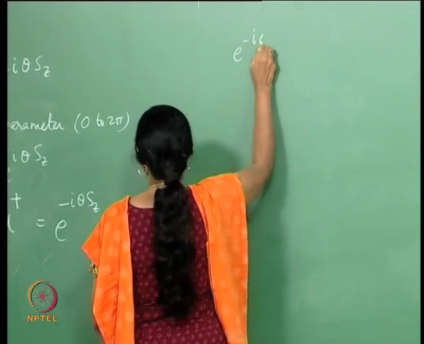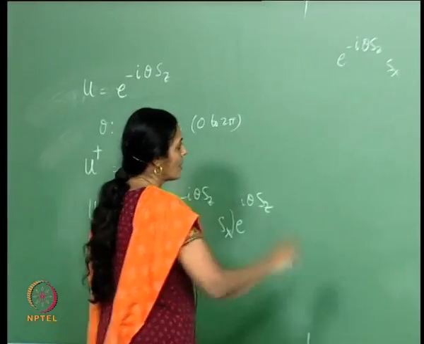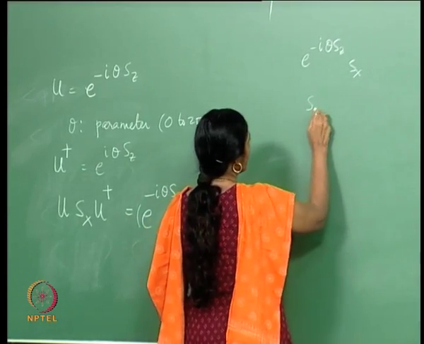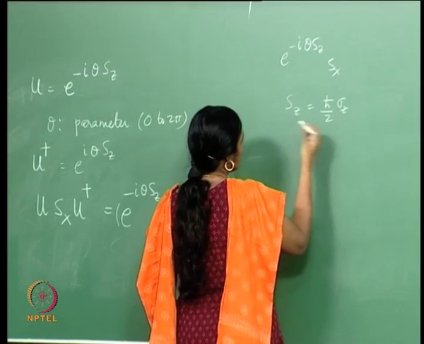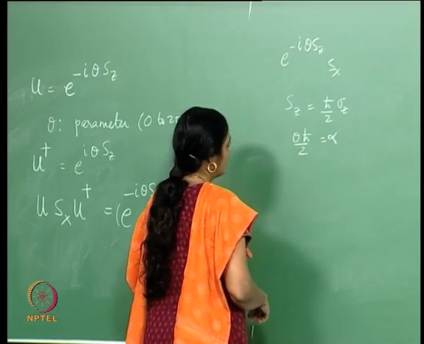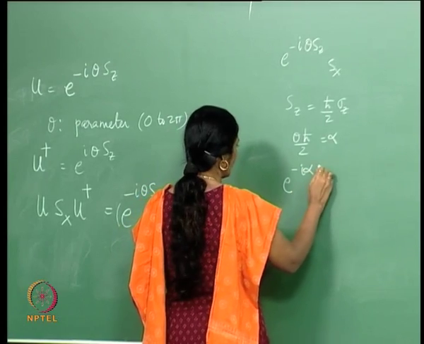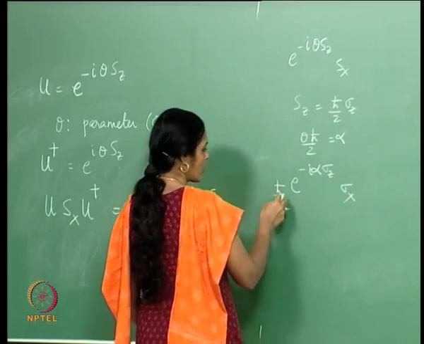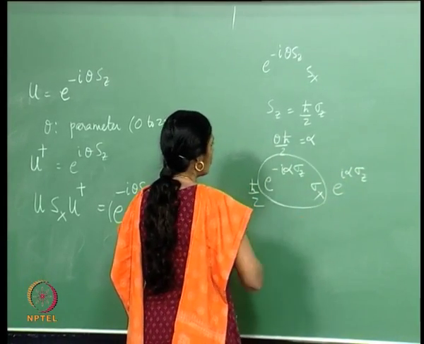So I first consider e to the minus I theta Sz Sx. I am just looking at this part of it. Make a brute force expansion, but before that I realize that Sz is h cross by 2 sigma z, and just for convenience of notation I am going to call theta h cross by 2 as alpha. So basically I have to find out e to the minus I alpha sigma z h cross by 2 sigma x, because Sx was h cross by 2 sigma x, e to the I alpha sigma z, and this is the part that I am going to look at first.